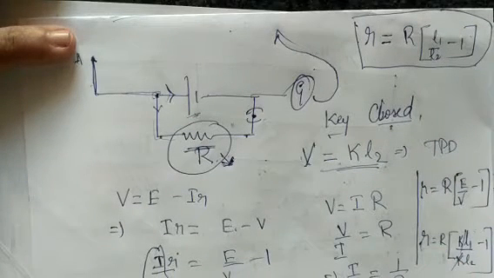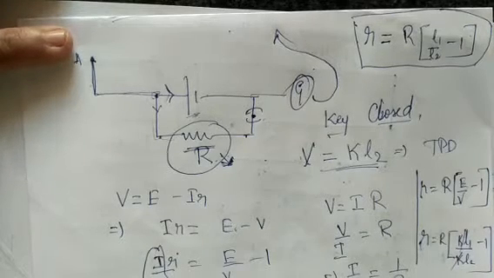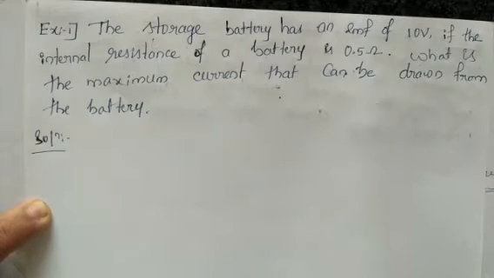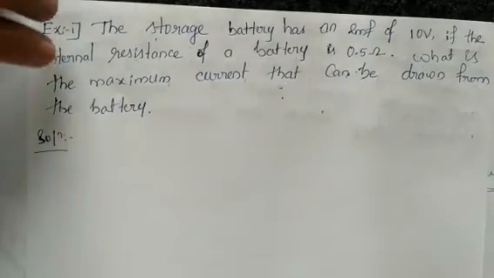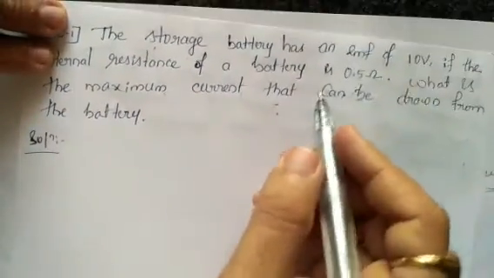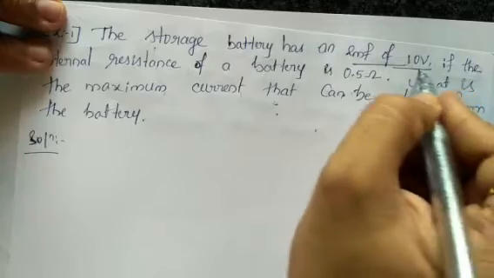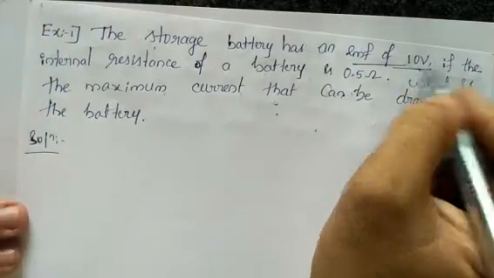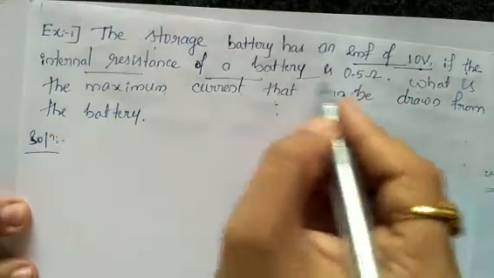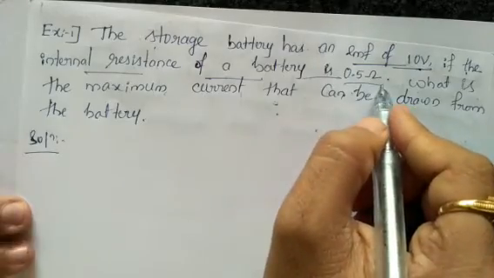So this completes the theoretical concepts of this chapter. Let us move to the numericals. Here the first numerical: a storage battery has an EMF of 10 volts, and the internal resistance of the battery is 0.5 ohms.